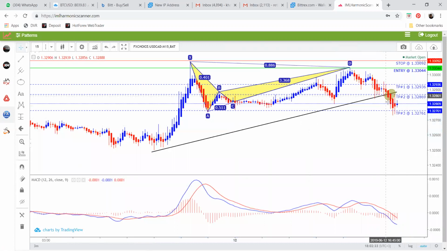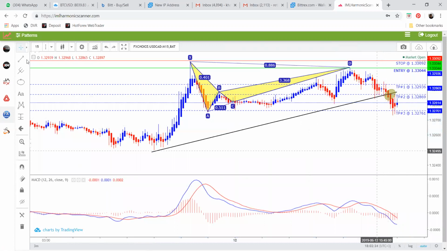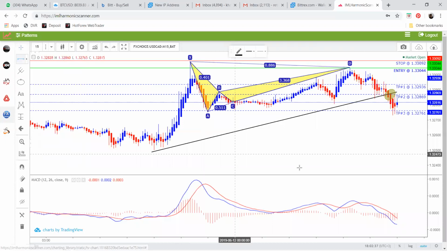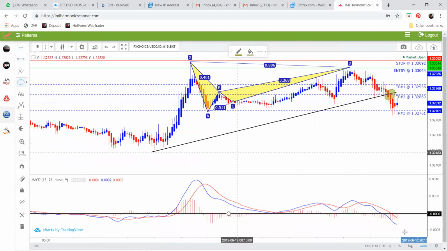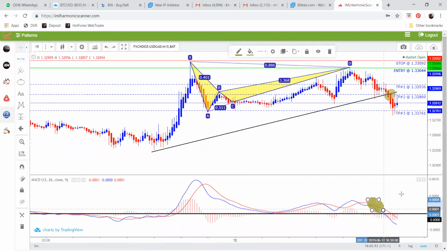Perfect. Confirmation number two. First, we need that red line to be above the blue. Perfect. For sells. So we got that, confirming that it's going for a sell.